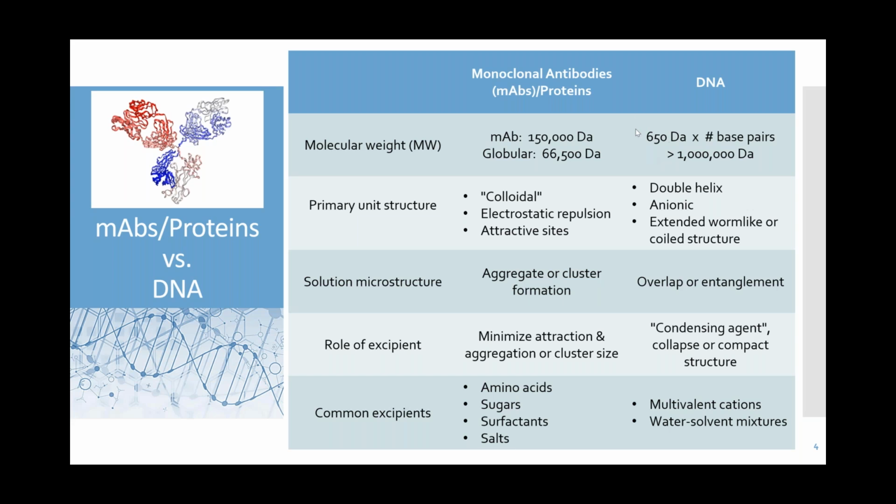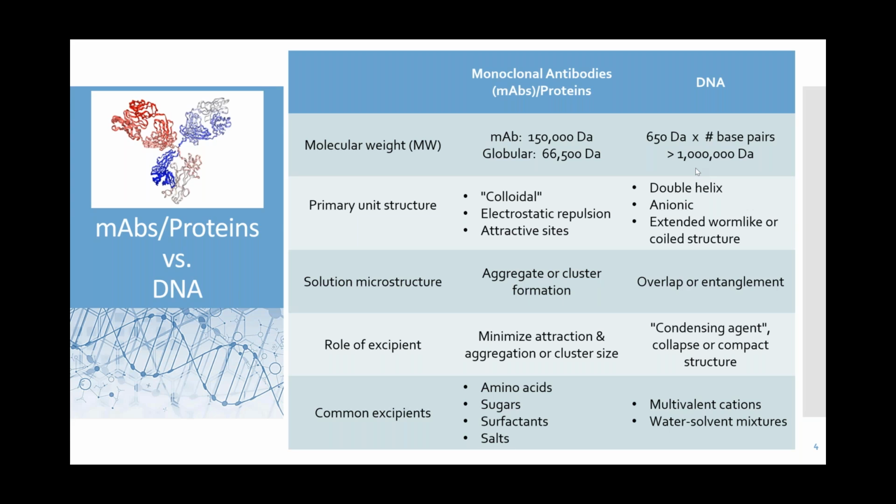The base pair molecular weight is 650 daltons, and depending on the number of base pairs in your particular DNA sample, you can typically have in excess of 1 million daltons. When Soha overviews our data collected with DNA, that particular DNA sample was estimated to be slightly above 3 million. So these molecules are very different in size.